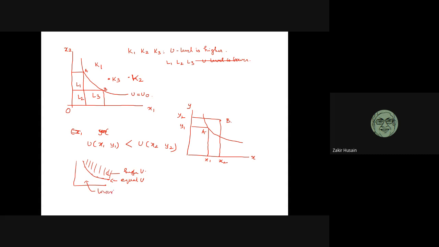Lower utility. So this part is called a better set, and this part is called, sorry, not a lower set, a worse set. So if I take a combination and it gives me a functional value which is at least equal to my original value, then it belongs to my better set.